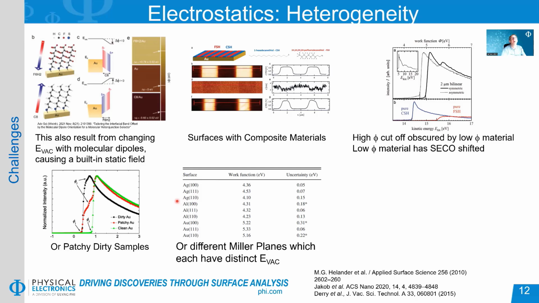So if you have a foil, for example, which has multiple different faces presenting on the surface, like say a mixture of 111 and 100, you will get a little bit of broadening in your energy, and you'll get a work function that's somewhere different from either one.